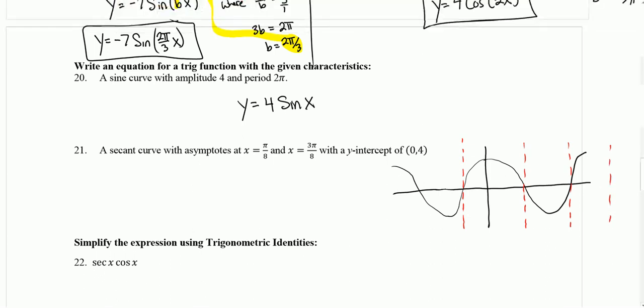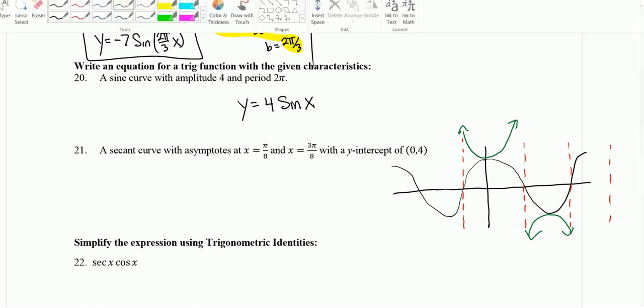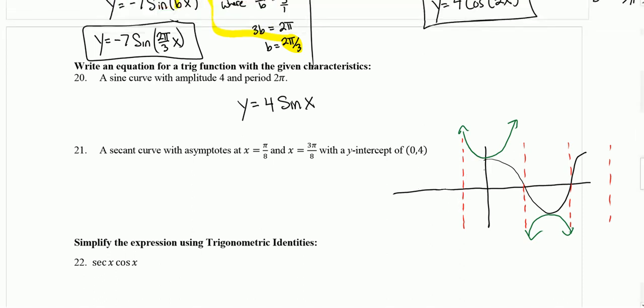It looks something like this in green here. So I got the basic shape of the cosine function graphed here, and I'm going to erase the cosine function right here. So I got the secant function.